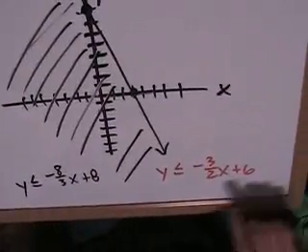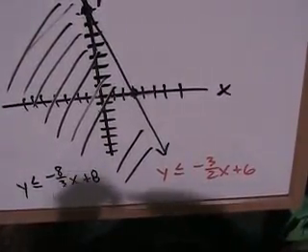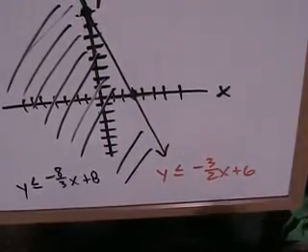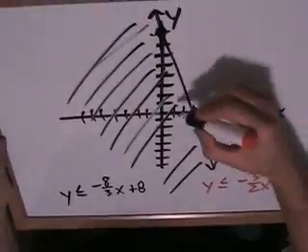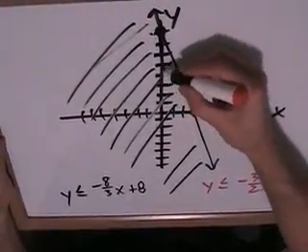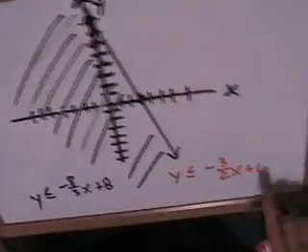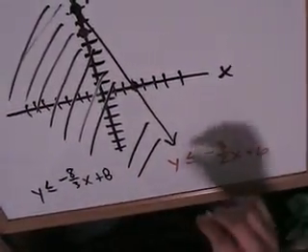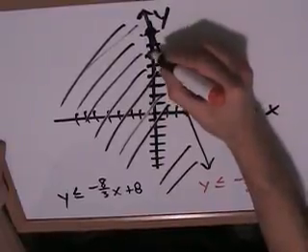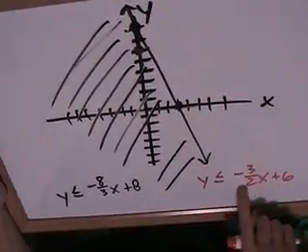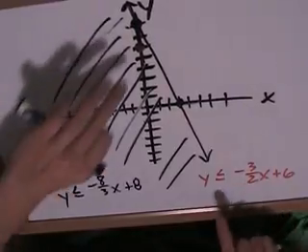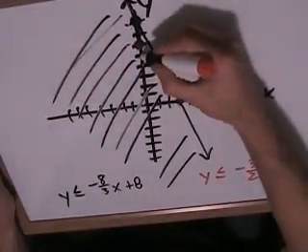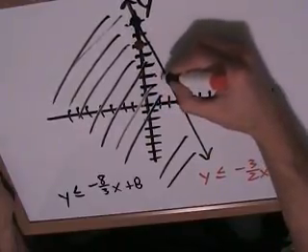Now I have to graph this one over here in red. The y-intercept this time is positive 6, so I'm going to go up to 6 from here: 1, 2, 3, 4, 5, 6. If this had been negative, I would have gone down 6, but this 6 was positive, so I went up 6. Now my slope is negative 3 over 2. From this 6, I'm going to go down 3 because it's negative: 1, 2, 3, and go to the right 2.